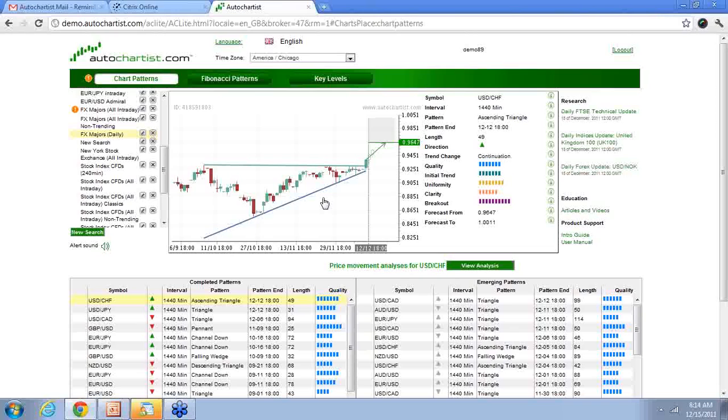Trending patterns are channels and wedges. So in this case, we're looking at an ascending triangle, and it's a non-trending pattern, because inside here I'm looking at a wide range that gradually compresses until this triangle forms an apex here.